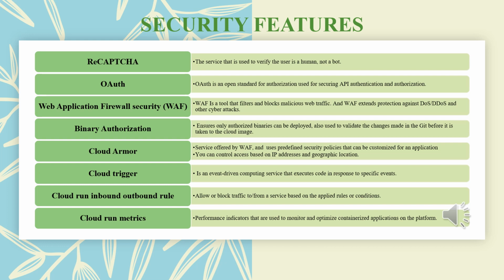Next comes the Cloud Trigger. It is responsible for integrating the Git repo with the cloud instance. It is also responsible for executing the code based on a specific event. Next come the cloud inbound and outbound rules, responsible for either allowing or blocking the service based on the applied rules and regulations. Run metrics is used to monitor the containerized application on the cloud platform.